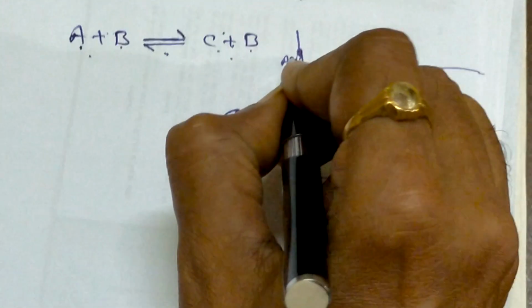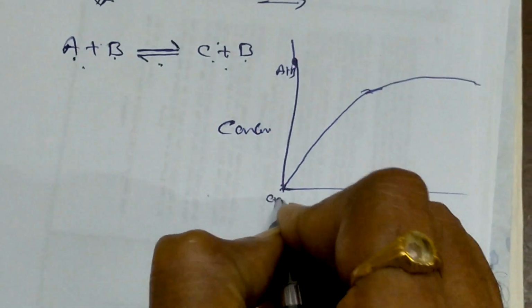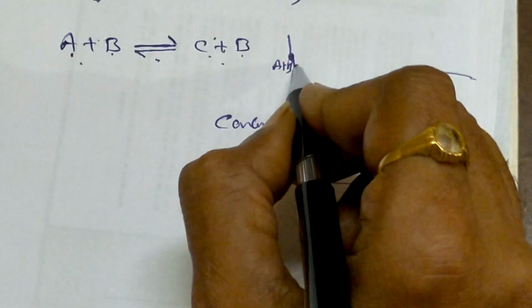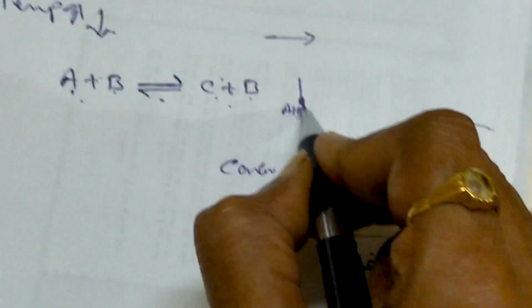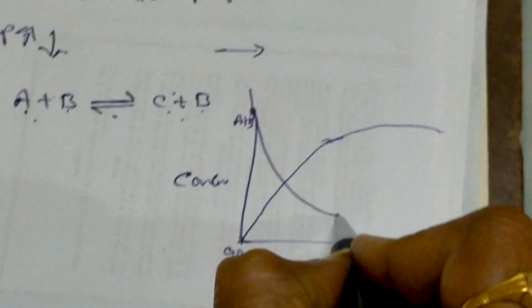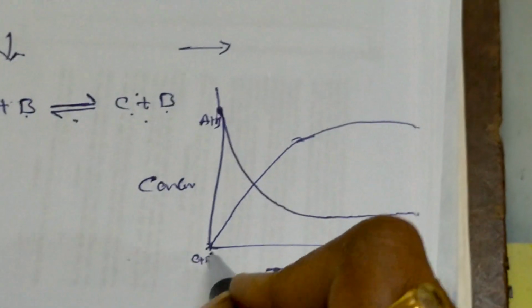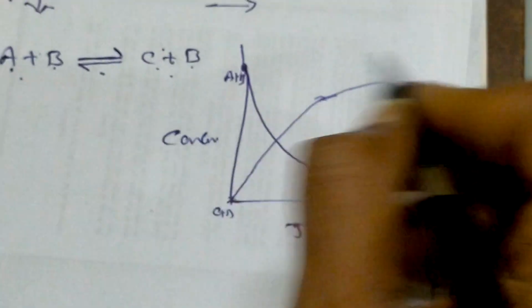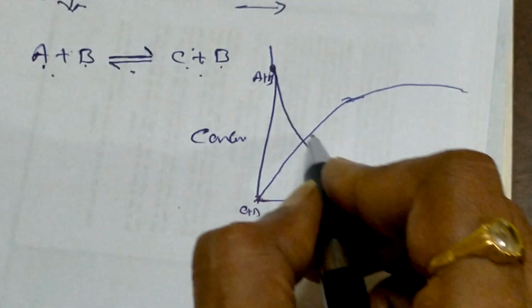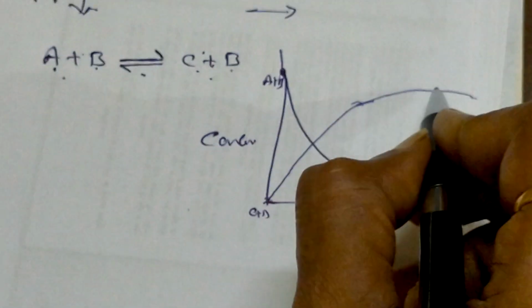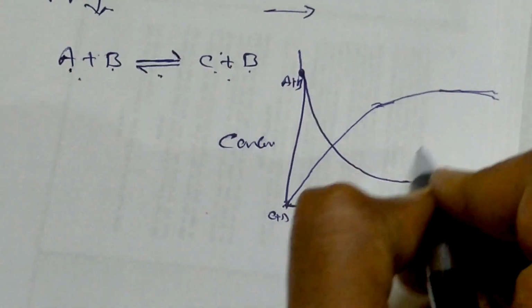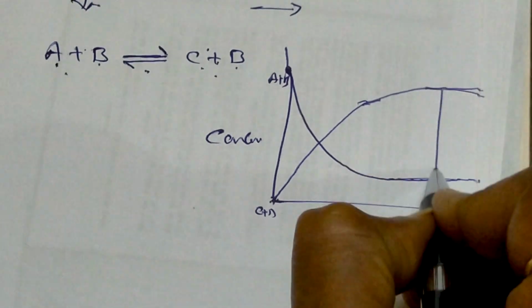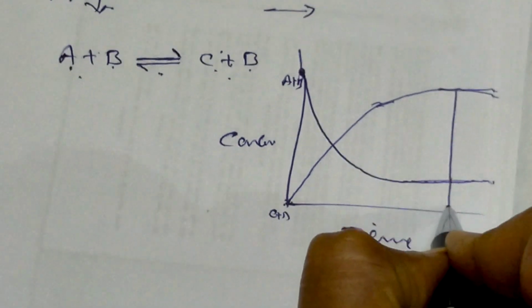This is A plus B, and this is C plus D. The reactants come down and the products increase as time progresses, and at a particular point both attain equilibrium.